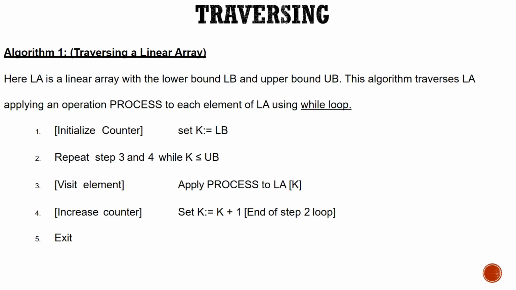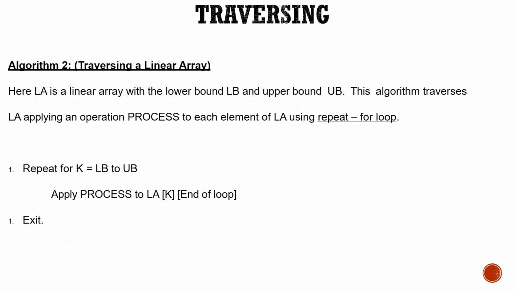Let us consider the next type of loop, the for loop. The same operation can be done using the for loop: repeat for k equals lower bound to upper bound. The starting index value for k is your lower bound, and the final index value is your upper bound, in steps of 1. If you don't specify anything, the incremental step is 1.